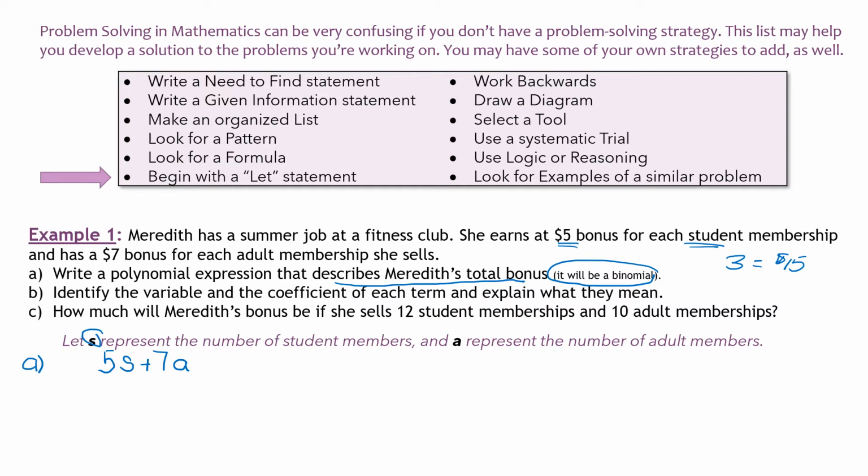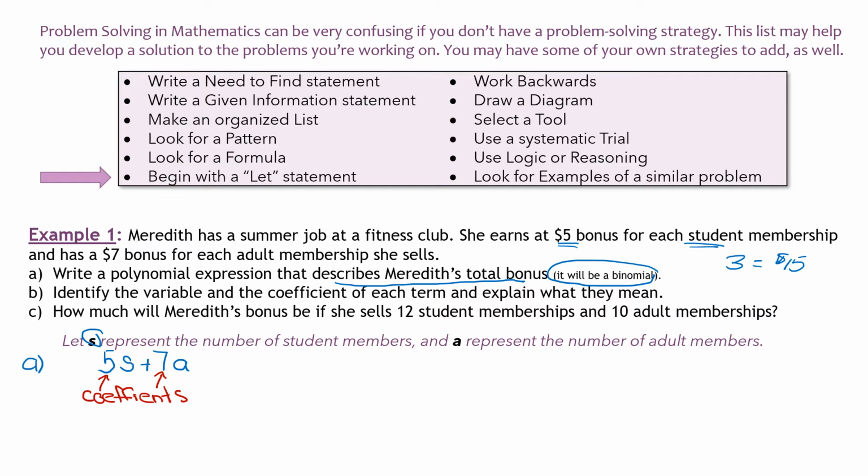Part B says identify the variable and the coefficient and explain what they each mean. Well, we kind of already did that with our let statement. First of all, the 5 and the 7 are the coefficients. Make sure you can spell these words properly.